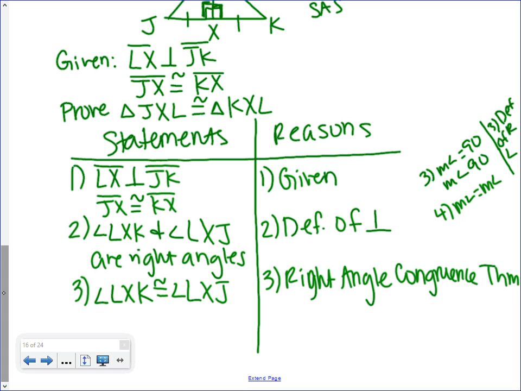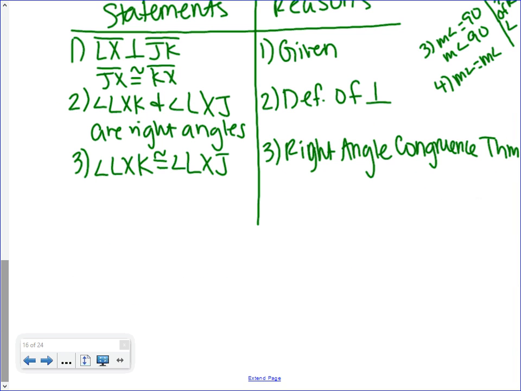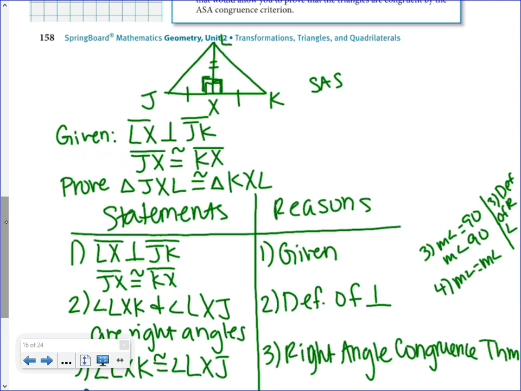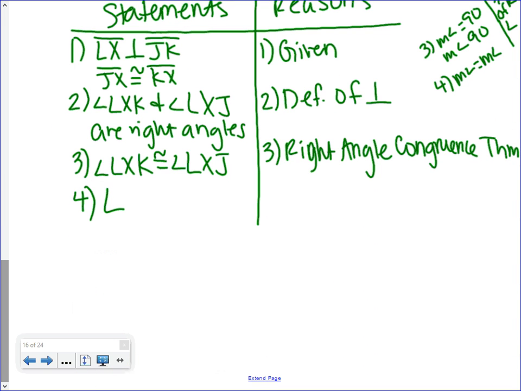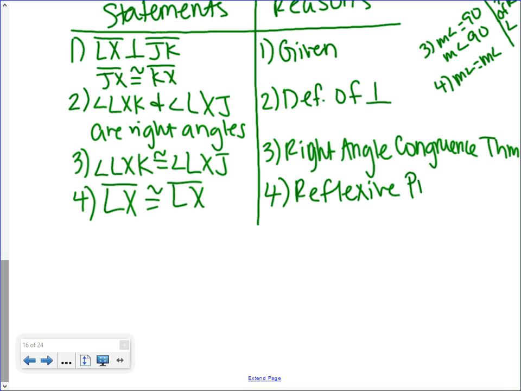It would just require one extra step, but they would both be valid. So then the other thing that we added to our figure up here was that LX is congruent to LX. So I can say LX congruent to LX, and the reasoning would be the reflexive property. Anytime they share a side, we can say that they are congruent.